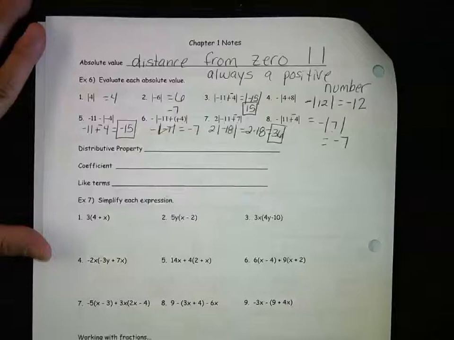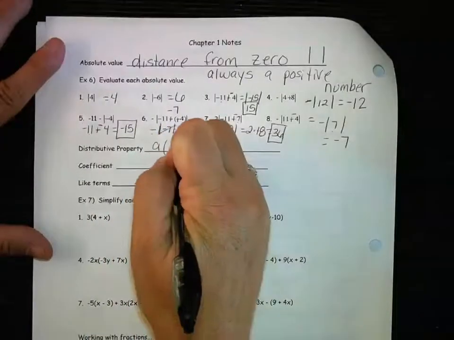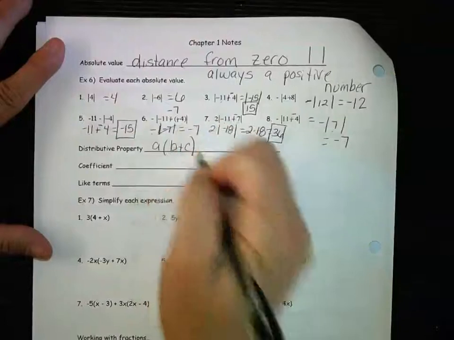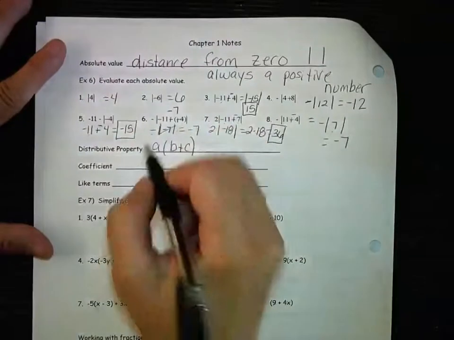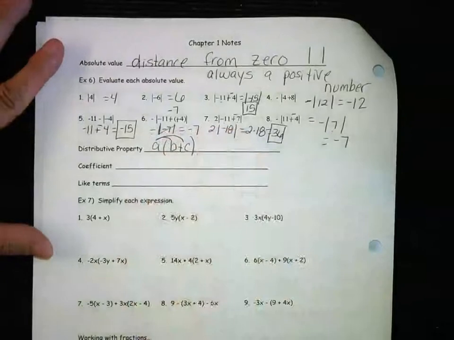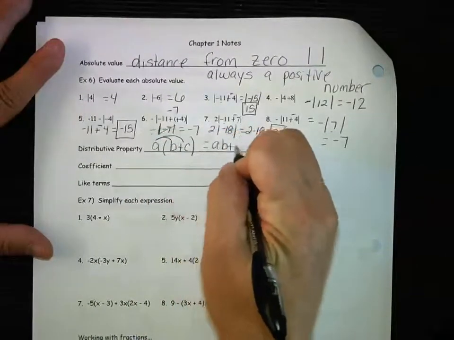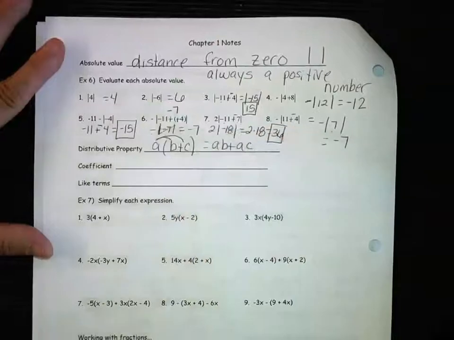Distributive property, we're going to have A times B plus C. And with the distributive property, maybe you used to draw these little arc kind of things like that. And that becomes AB plus AC.